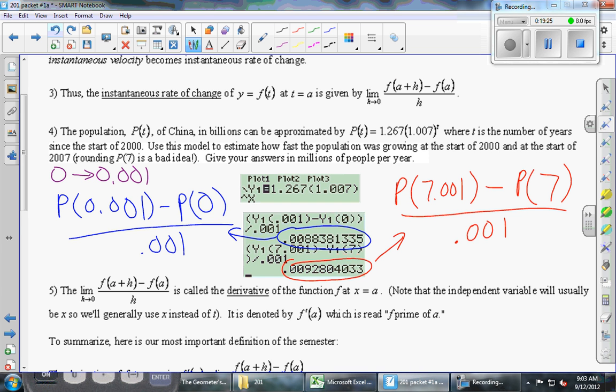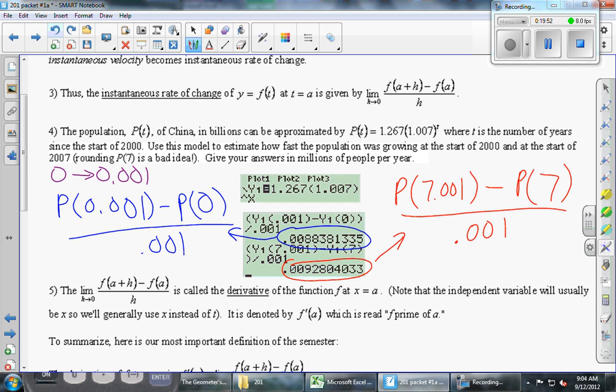And I want to make sure those make sense. I mean, I just said write your answer in millions of people per year, but what were the units of the things on the top of our fractions? What are the units of P of 7? Billions of people. That's what P of 7 is measured in. This 0.001, that was how long we waited between the two moments in time. So that's years. It's 0.001 years.